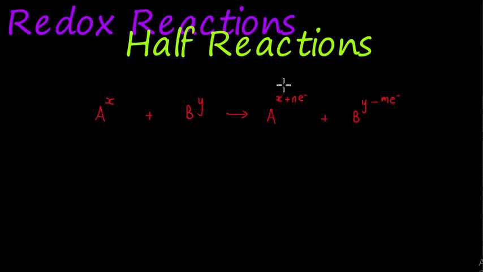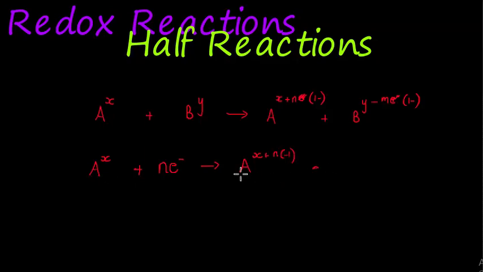Now a half reaction describes the movement of electrons for each of the processes. So for example, we have that A^X gained a number of electrons, however many, and then it became A with a new oxidation state. Electrons here, I should actually write as e^-. It gained a number of e^-, and this one lost a number of e^-.